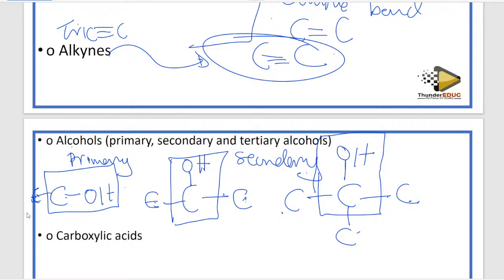I'll explain that better, but you need to know that in a primary alcohol the OH is attached to a carbon with one carbon, in a secondary to a carbon atom with 2 carbon atoms, while here the OH is attached to a carbon atom with 3 carbon atoms. I'll explain this in detail when we reach the alcohols. So don't stress, just keep in touch. If you don't understand, let me know in the comment section.